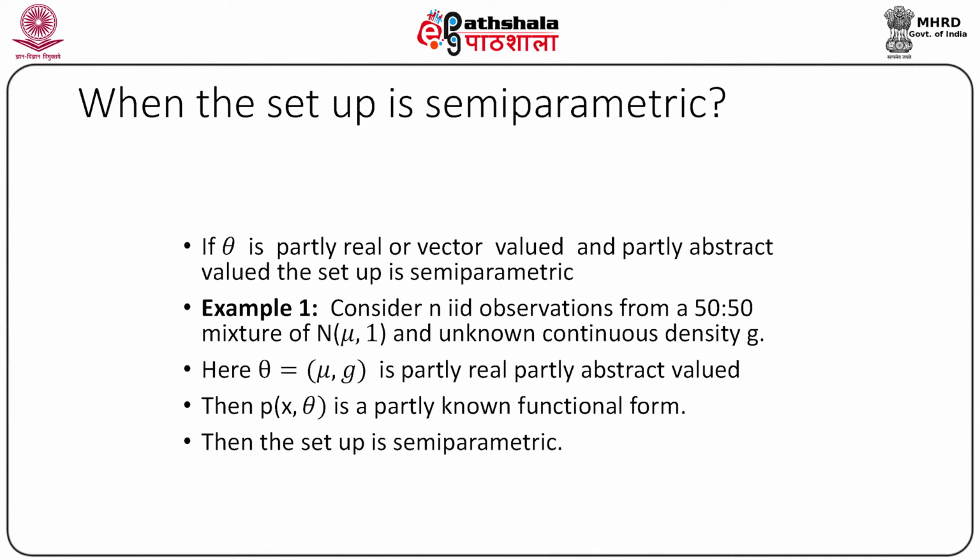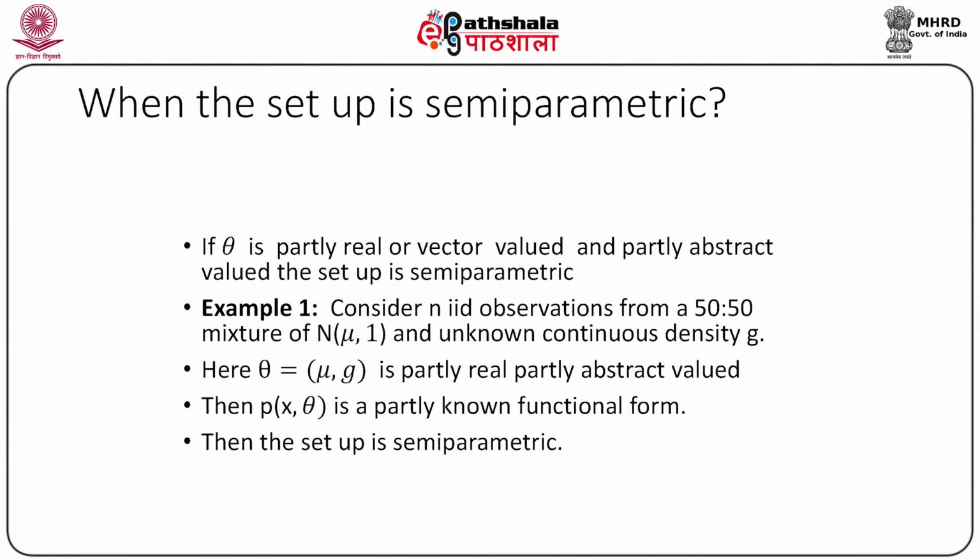So the natural question is, what is a semiparametric setup? If theta is partly real or vector valued and partly abstract valued, the setup is semiparametric. Let us consider an example. Suppose xi are IID observations from a mixture density, that is a 50-50 mixture of normal and an unknown density.